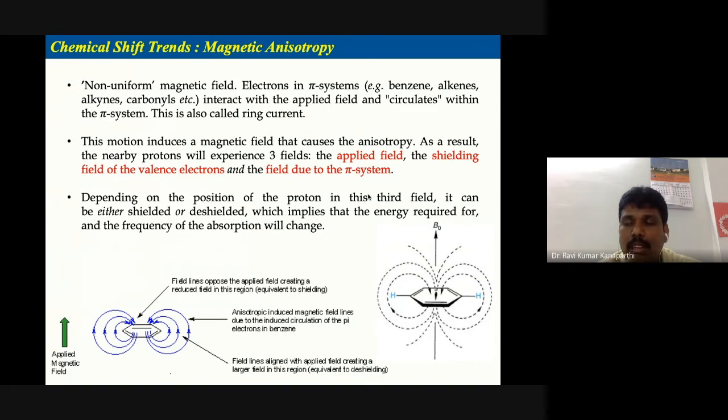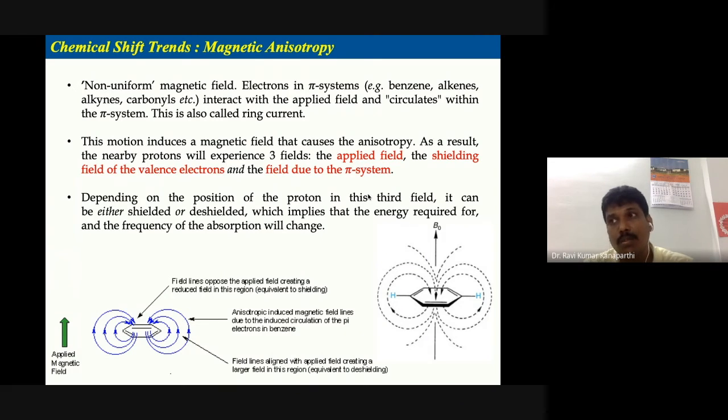But when you look at certain molecules, like the alkane, the alkene vinylic protons, and the alkyne protons, their chemical shift values are not consistent with the electronegativity expectation.